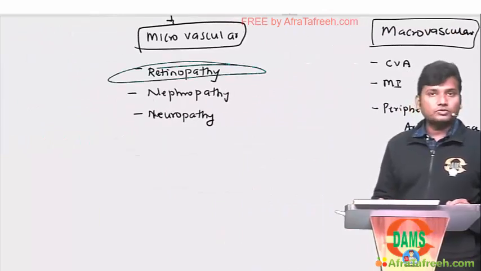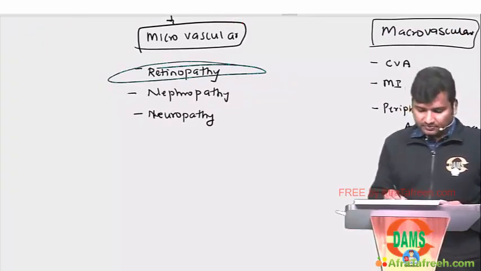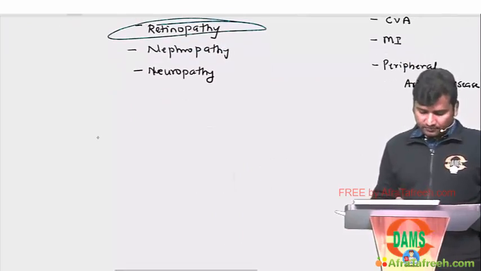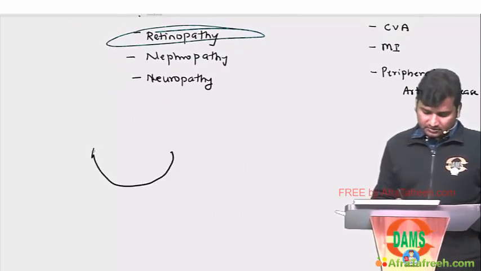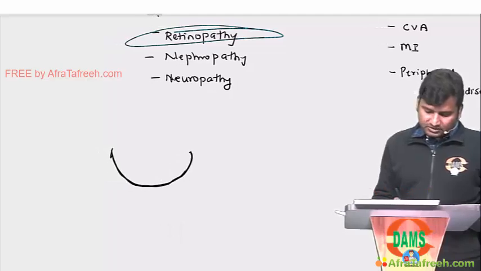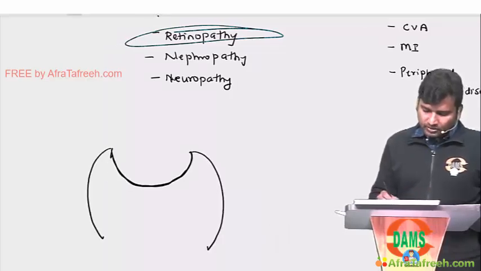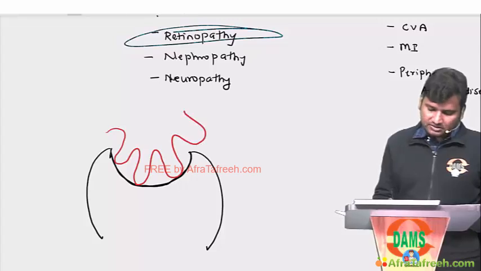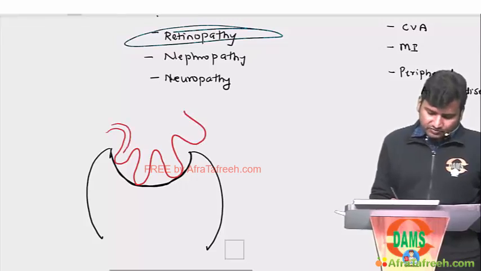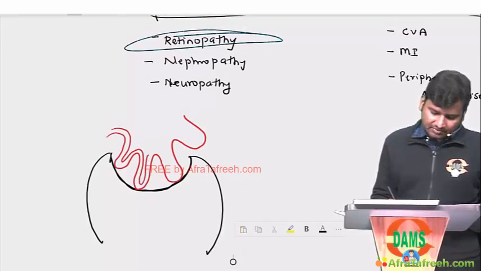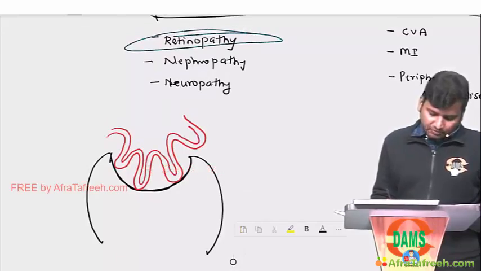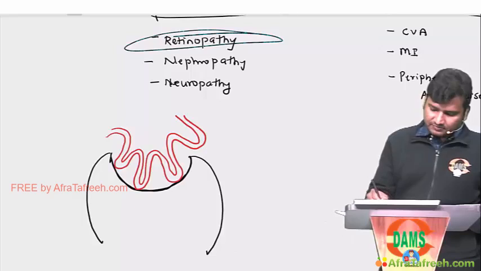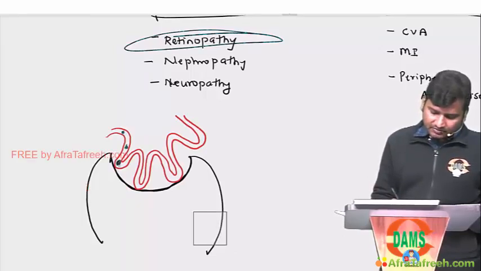This one. Okay. Then nephropathy. If you see our nephron, if you see our glomerulus, this glomerulus is having a lot of blood vessels, and these blood vessels are not straight, they are having a lot of turns inside. Their diameter is very small, plus they are having a lot of turns. Because of this, what happens when glycated product enters these blood vessels?